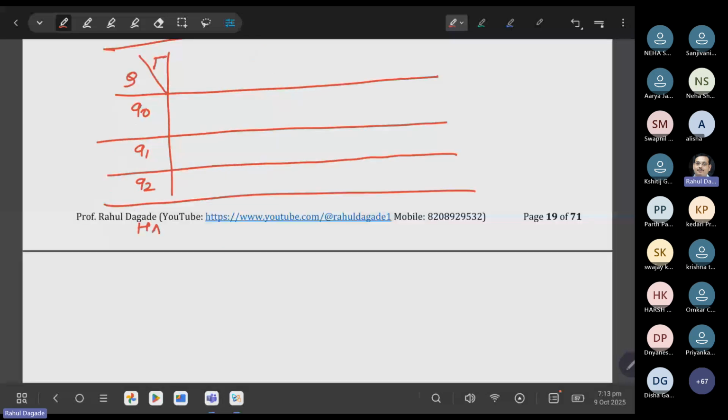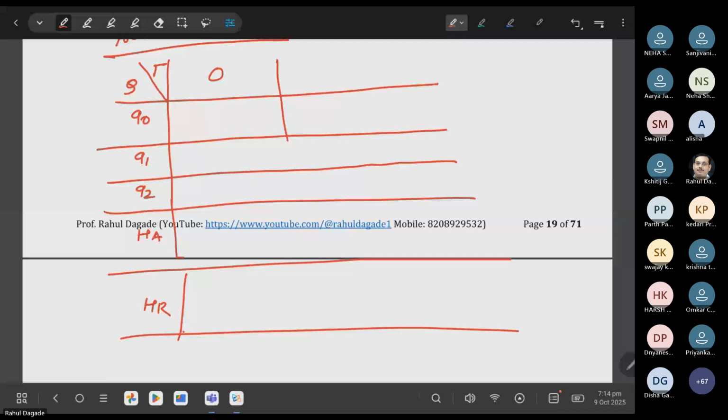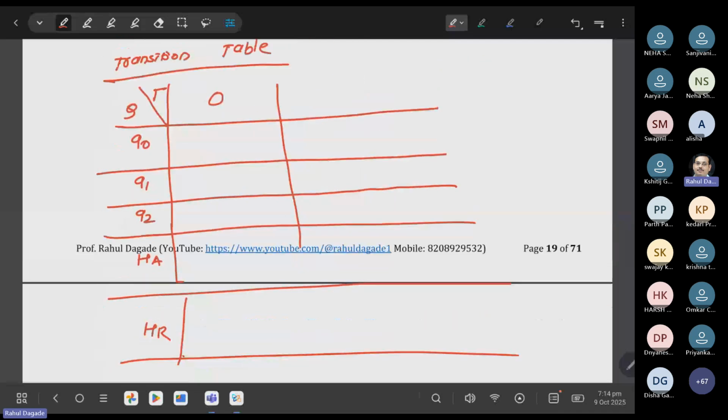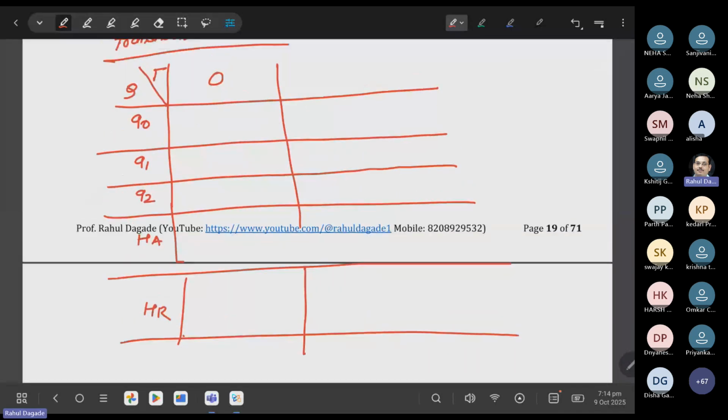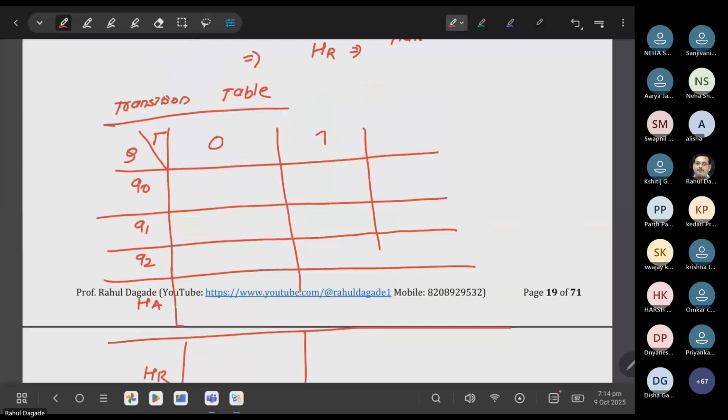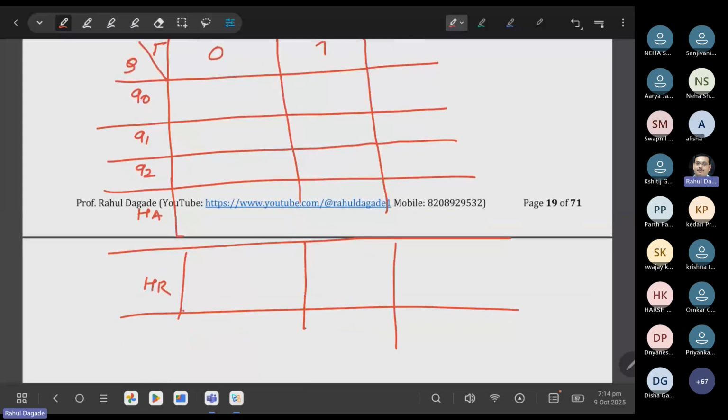HA is for accept and HR is for reject. And which are our input symbols? Tape symbols are 0, 1 and blank.